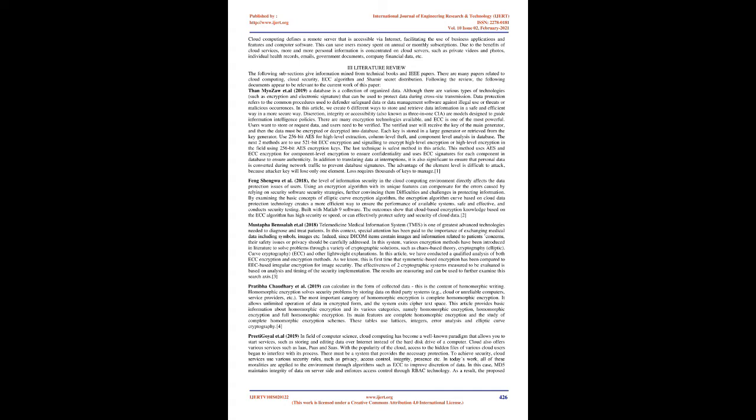It allows unlimited operation on data in encrypted form, and the system never exits ciphertext space. This article provides basic information about homomorphic encryption and its various categories, namely partially homomorphic encryption, somewhat homomorphic encryption, and full homomorphic encryption. Its main features are full homomorphic encryption and the study of full homomorphic encryption schemes.